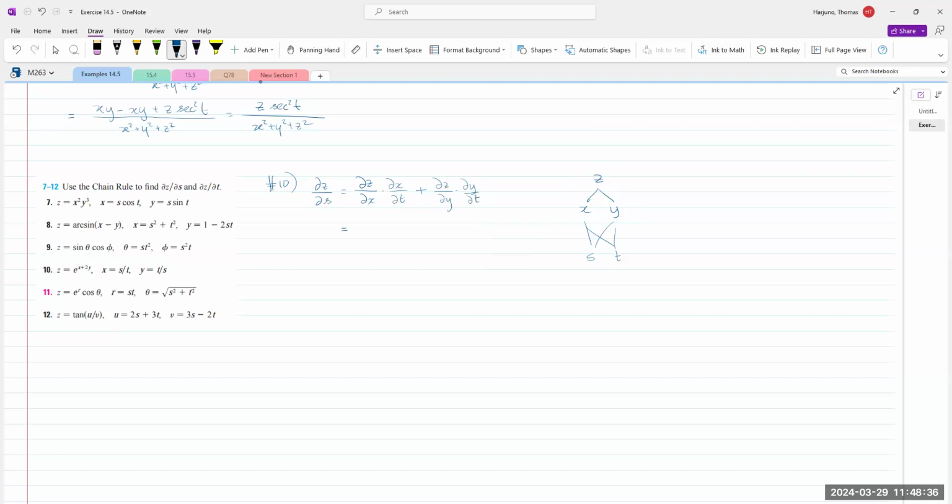So dou c dou x for this guy, that will be just itself, huh? e to the x plus 2y times negative s over t squared, plus dou c dou y, that will be 2e to the x plus 2y times dou y dou s. That's 1 over t.